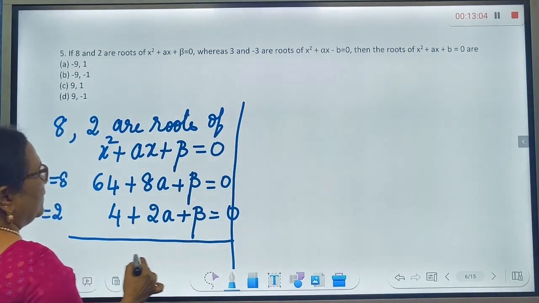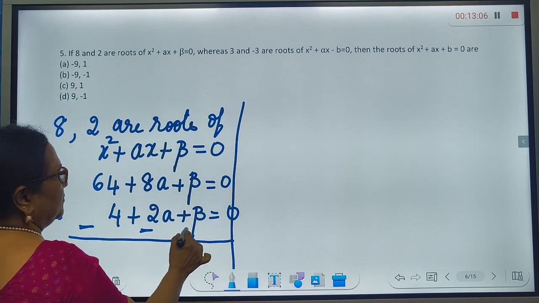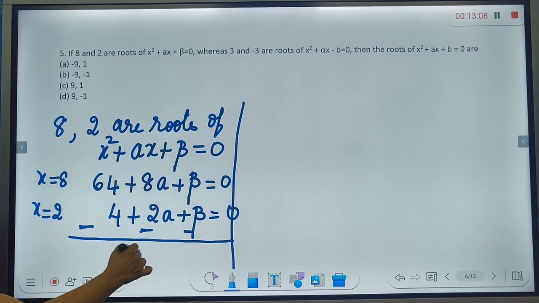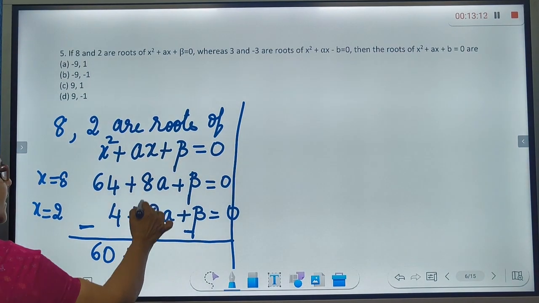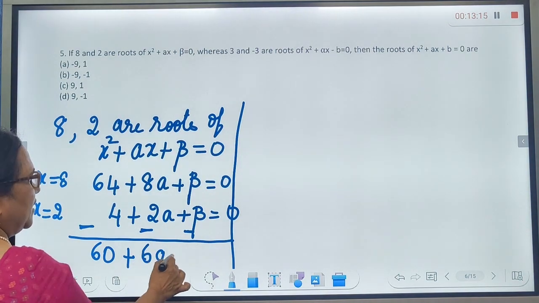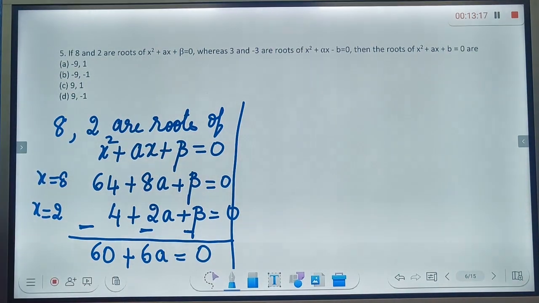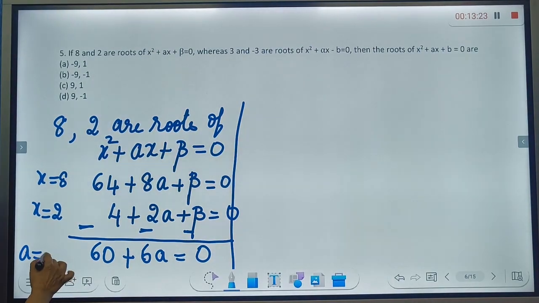So now I will subtract. Beta will get cancelled. 64 minus 4 will be 60, plus 8a minus 2a will be 6a equal to 0. From this you get 60 equal to minus 6a, or a equals minus 60 by 6, which is minus 10. So a equal to minus 10.